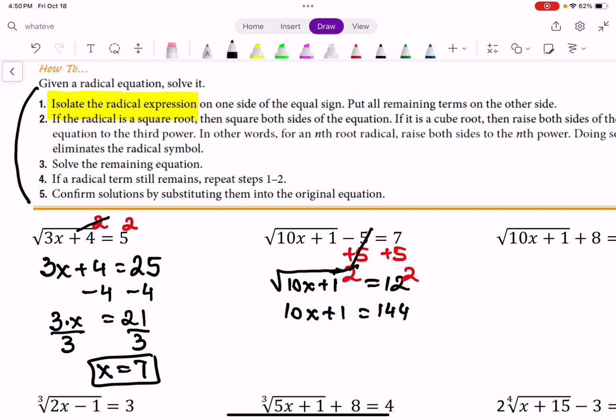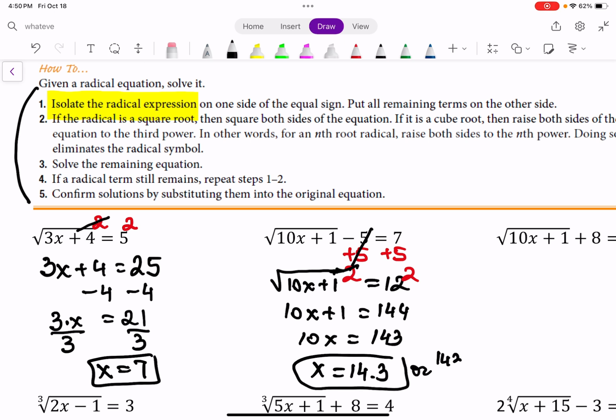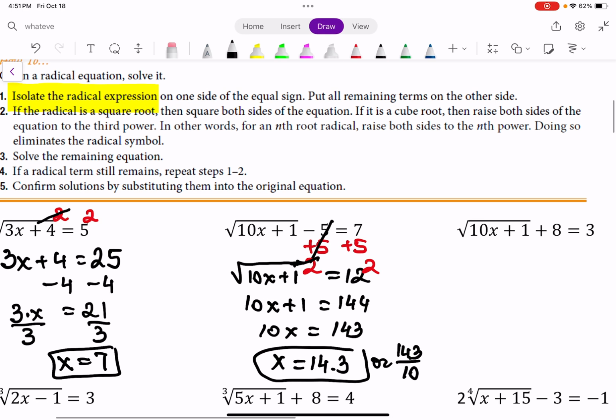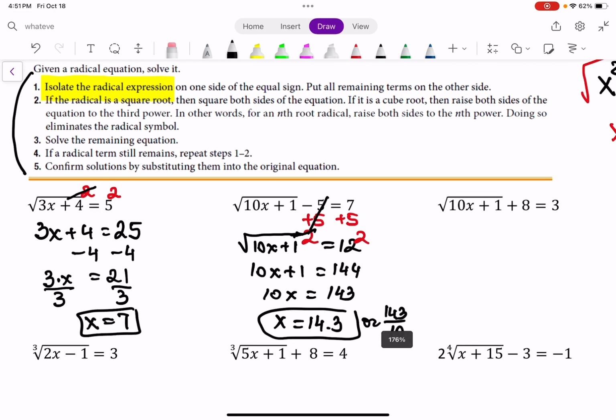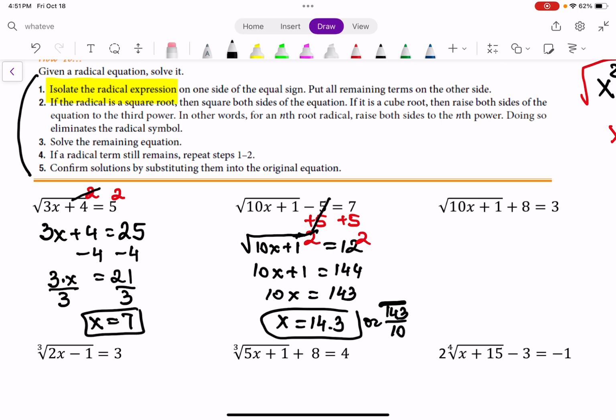And then again, finish solving this as you would with a linear equation. In other words, minus the 1, divide by 10. Of course, you can write 143 over 10 just the same. You don't have to turn it into a decimal, but either one of these is correct.